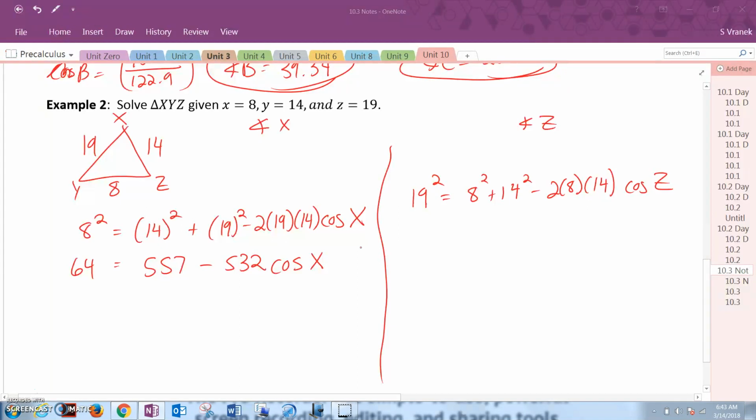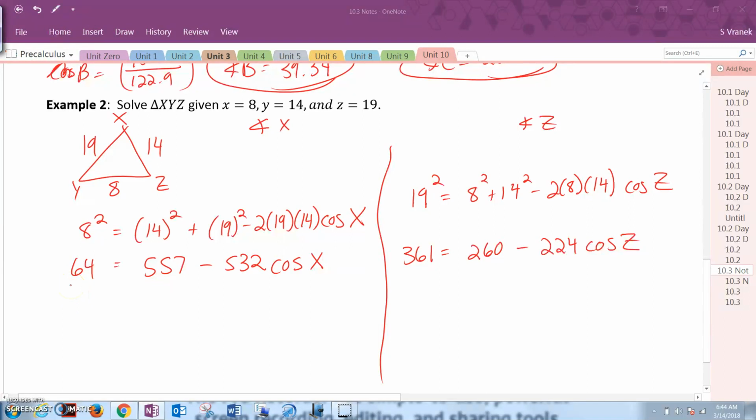It depends on the situation, which is why we're not going to do it, because if you don't use it in the correct situation, it's not going to be good. 19 squared is 361. 8 squared plus 14 squared is 260. And the reason why is that law of sines only gives you acute angles. So if you accidentally use law of sines on an obtuse angle, you don't get the right answer. So that's why we will stick with law of cosines once we start with law of cosines. It'll be safer for you guys.